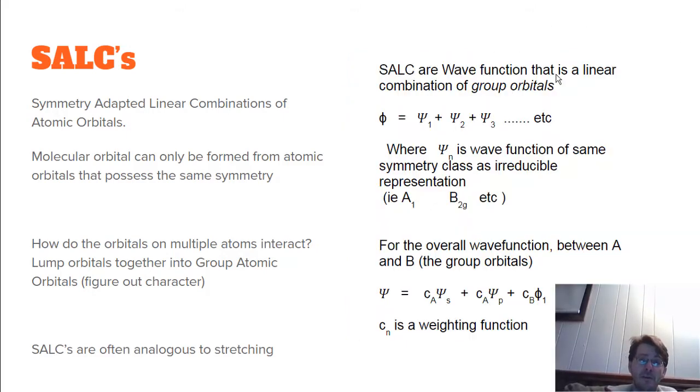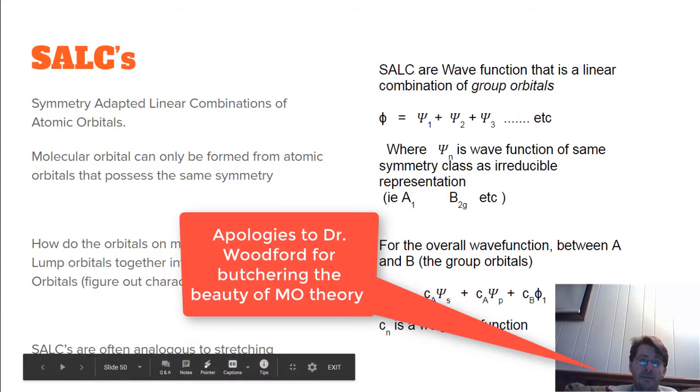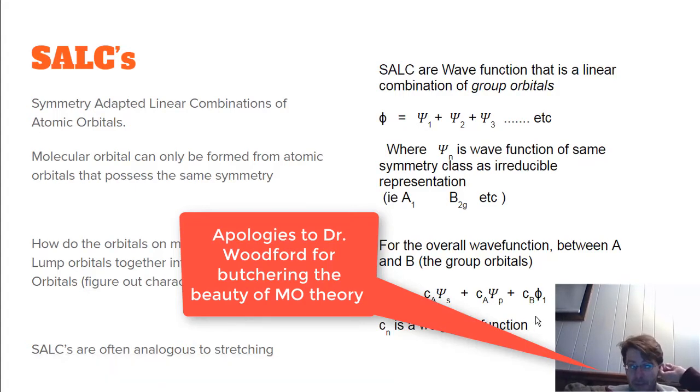So SALCs are wave functions that you combine into what we call a group orbital, where psi represents the wave function of the same symmetry class. The overall wave function between a group of orbitals is a combination of a weighting function, the atomic orbitals themselves, and an overlap.